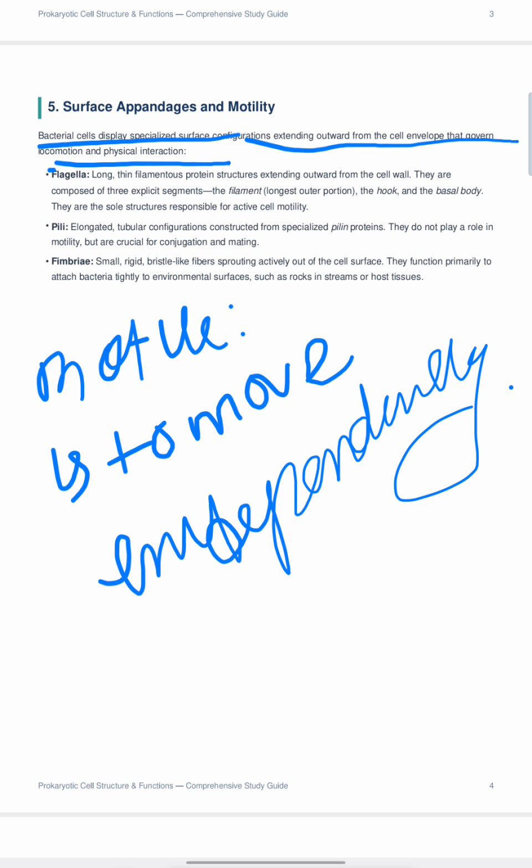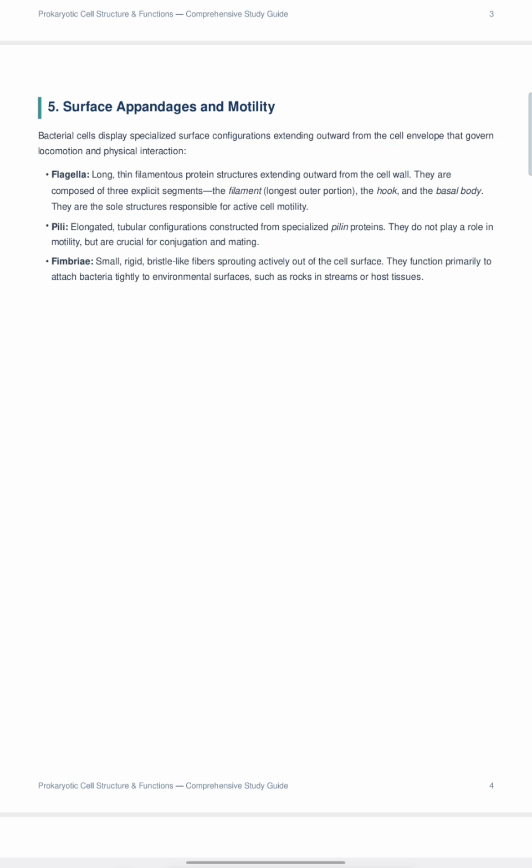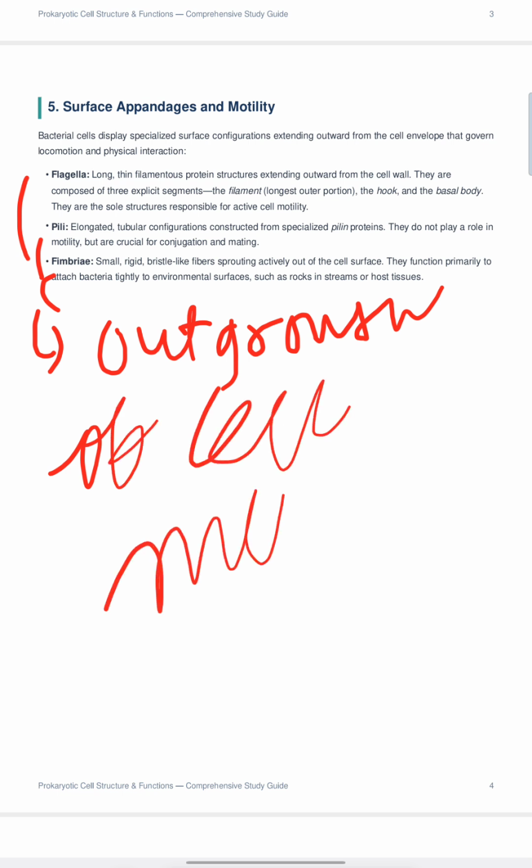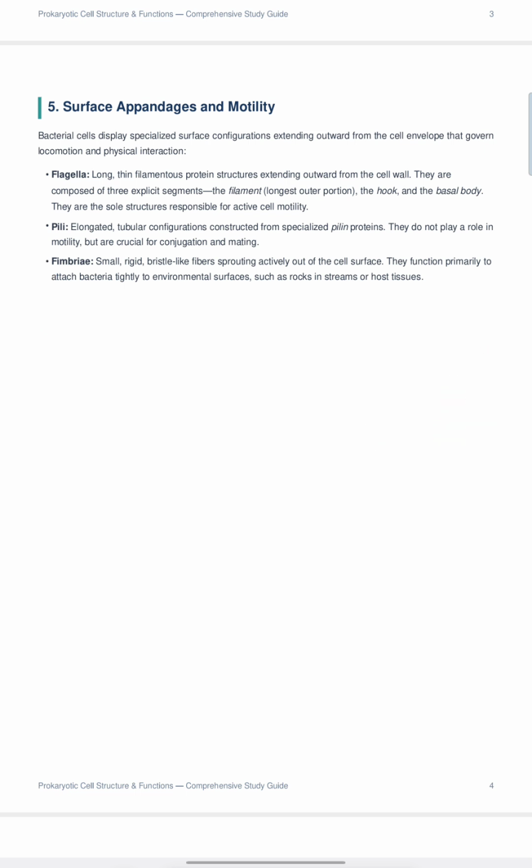Surface appendages are outgrowths of the cell membrane. Flagella is a long, thin, filamentous protein structure extending outward from the cell wall.